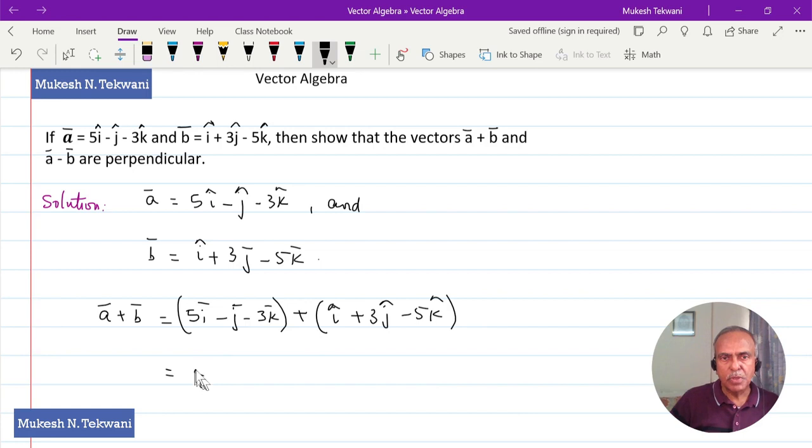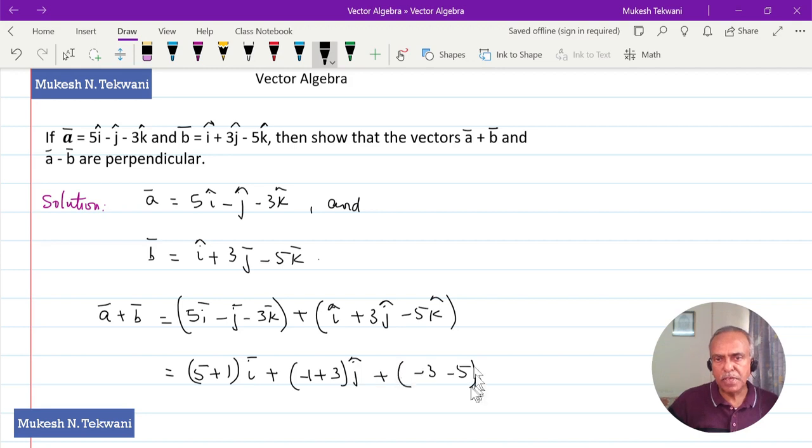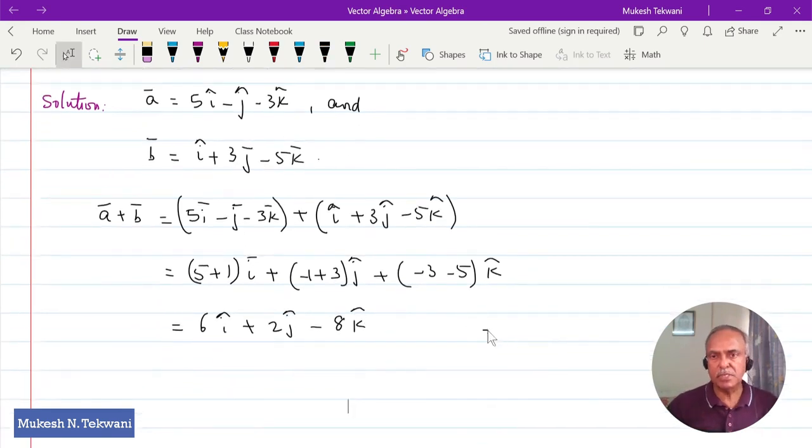So this will become 5 plus 1 into i, then plus the y component, minus 1 plus 3, then we add the k component, so that will be minus 3 minus 5 into k, and therefore this is going to become equal to 6i plus 2j and minus 8k. So this is our vector A plus B. Let us number this as 1. We'll use this for solving the rest of the question.